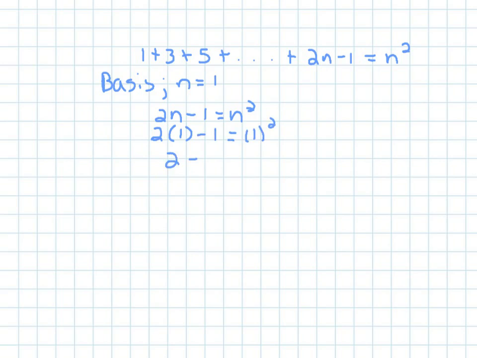And so that will be 2 minus 1 is 1. 1 squared is 1. So we've proven that our basis statement is true. The next step will be the induction step.